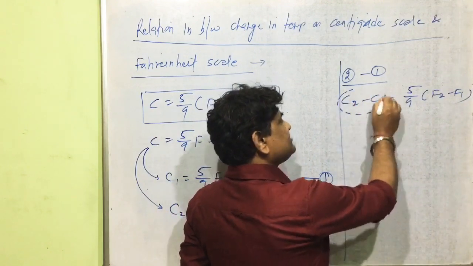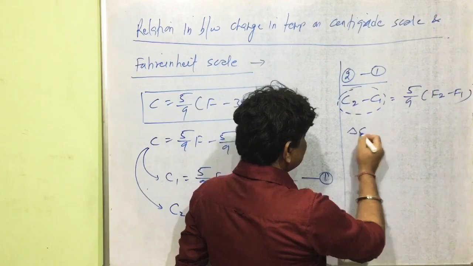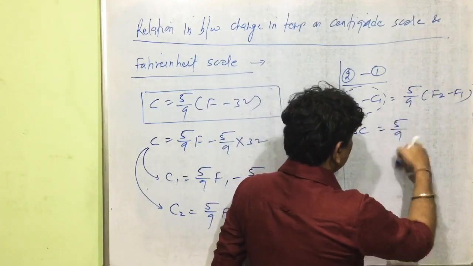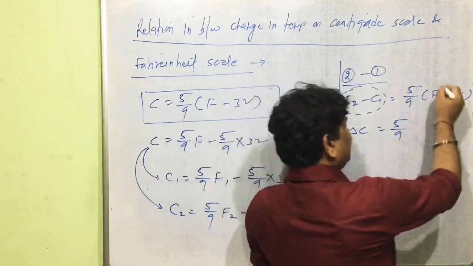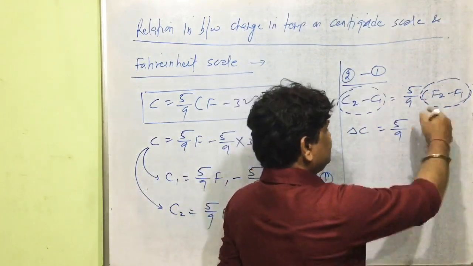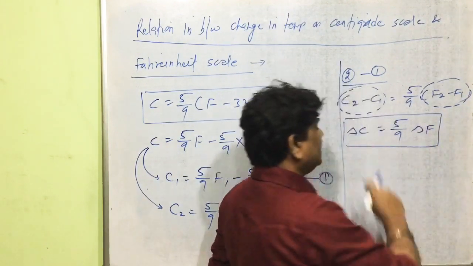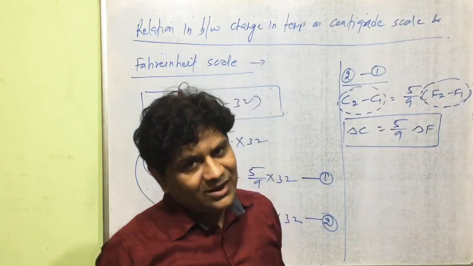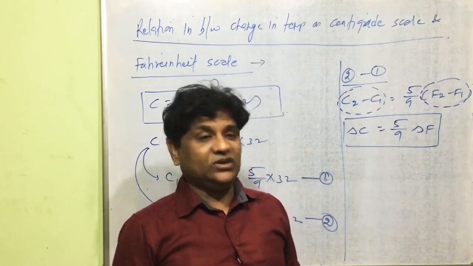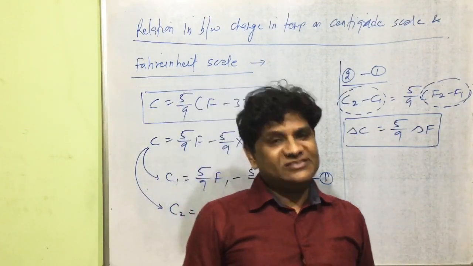This C2 minus C1 is the change in temperature on the centigrade scale, represented by delta C, and it is equal to 5 by 9 of (F2 minus F1), which is the change in temperature on the Fahrenheit scale, represented by delta F. So delta C is equal to 5 by 9 of delta F, where delta C is the change in temperature on the centigrade scale and delta F is the change in temperature on the Fahrenheit scale.